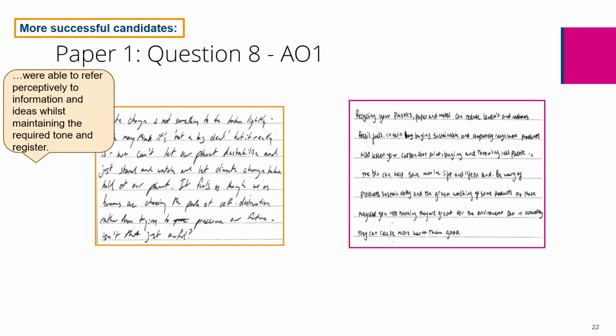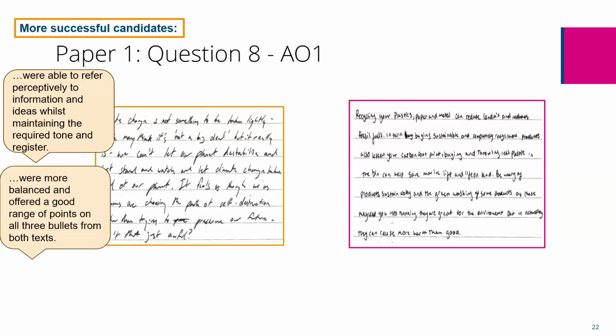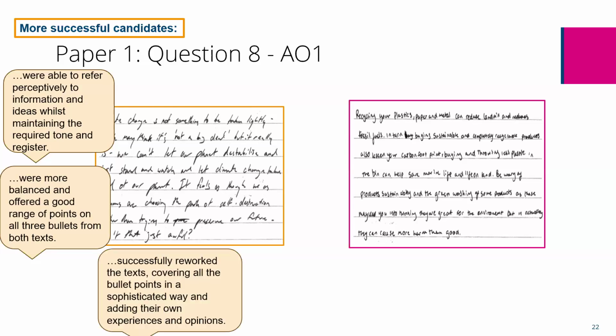So for the more successful candidates on the left-hand side, they were able to refer perceptively to information and ideas whilst maintaining the required tone and register. They were more balanced and offered a good range of points on all 3 bullets from both texts.